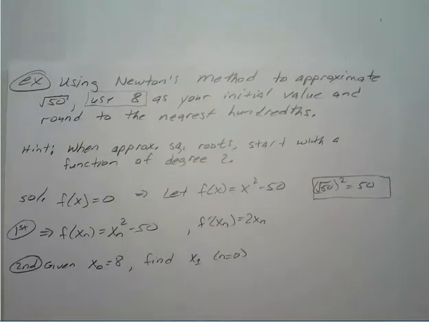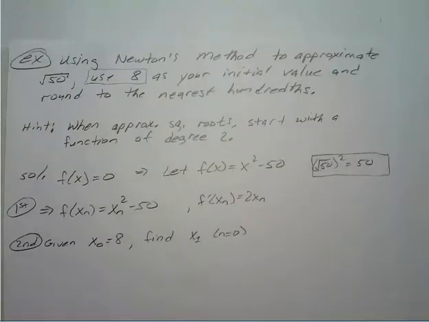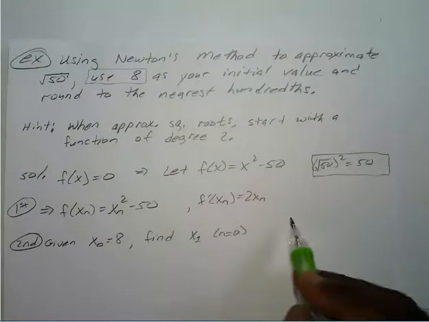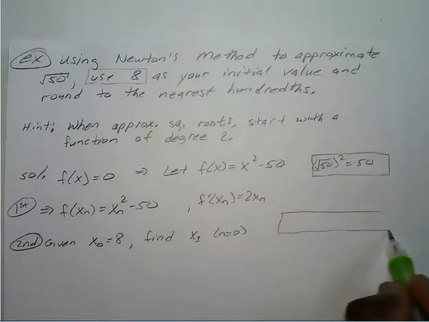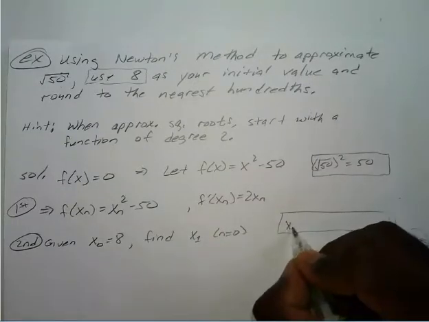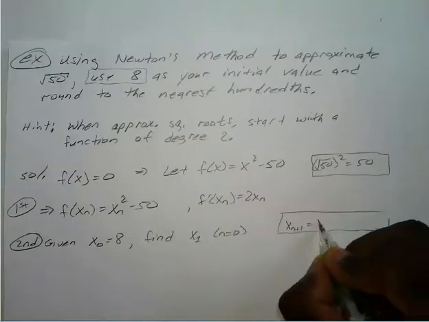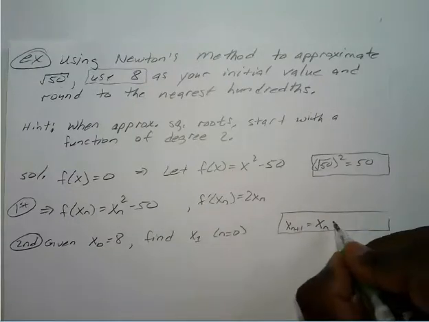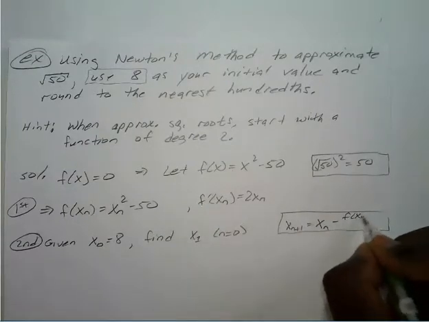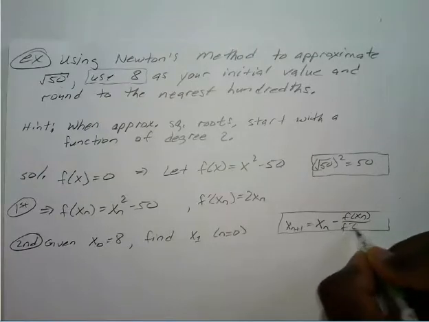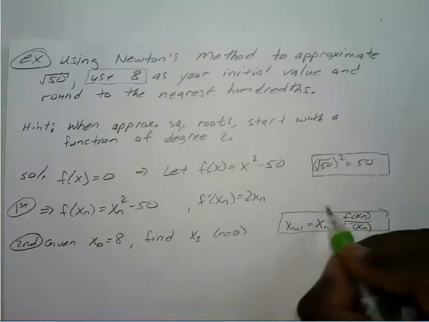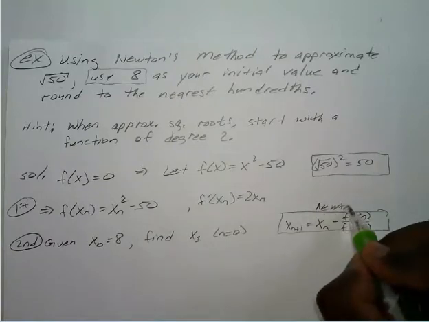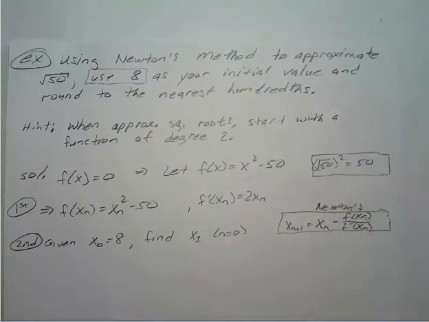Oh, forgot to write the Newton's method, but I'll write it over here. X of n plus 1 equals x of n minus f of x of n all over f prime of x of n. Okay, that's our Newton's method formula.